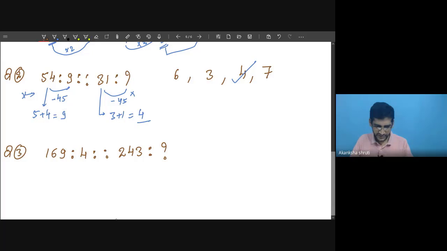The options given were 5, 7, 3, 11. Yes, tell me, what is the answer? Very easy.